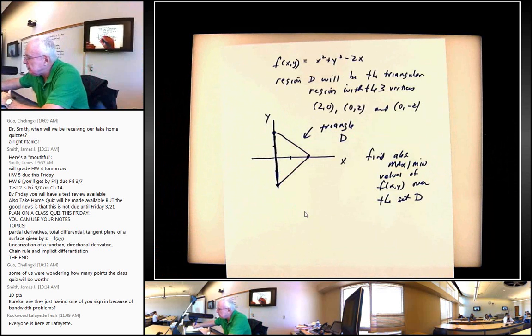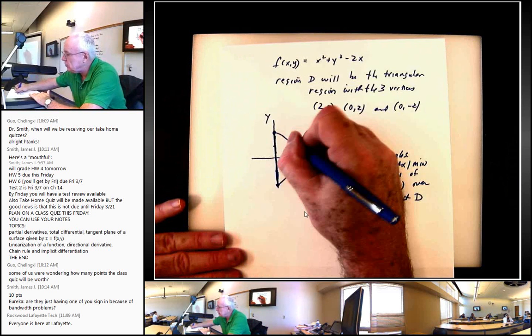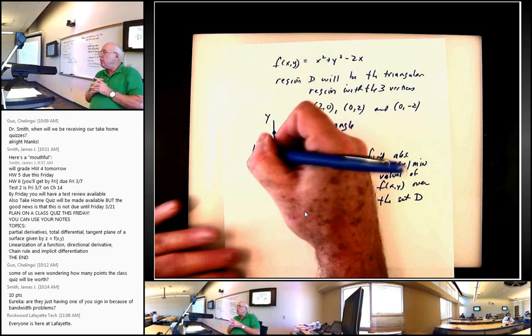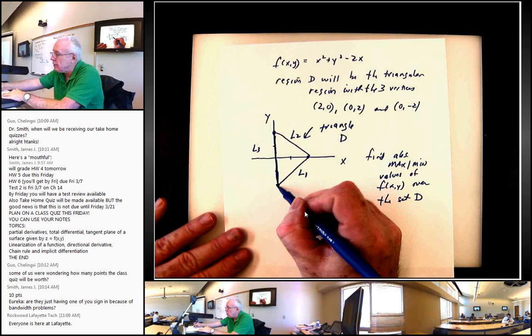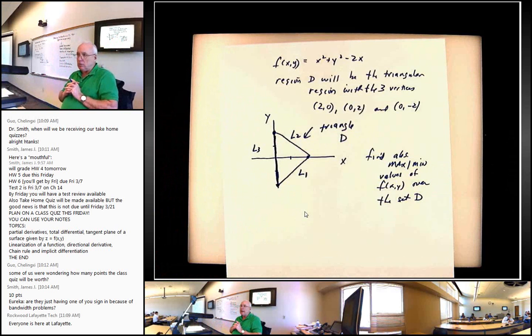I'm going to call this line L1, this line L2, and this third line L3. We have to look at what the function values are along those 3 lines. And then we compare everything and see what is the biggest value of the function and what's the smallest value. What's going to take the time is going along these lines and figuring that out. The critical point is not going to take any time at all. So there's no need to go further with this right now. We'll just continue with this on Friday.